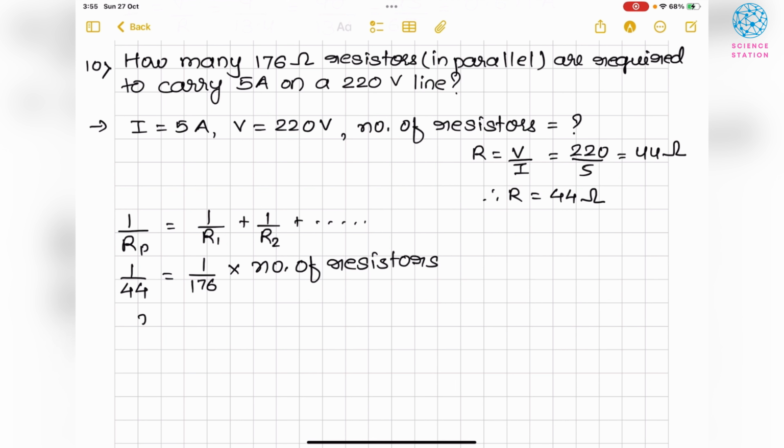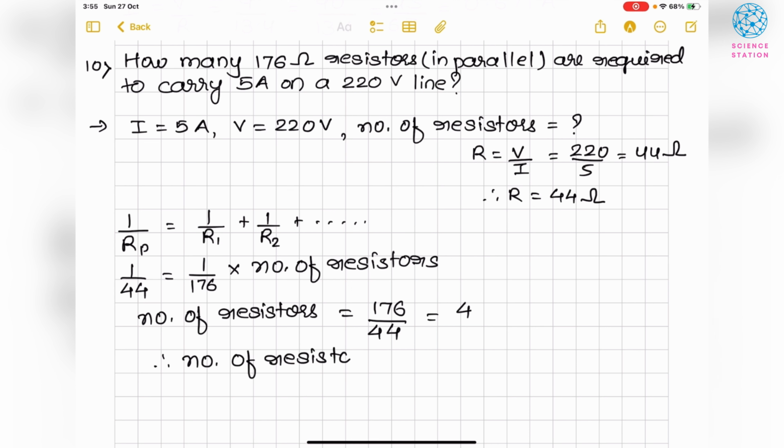So number of resistors will be equal to 176 upon 44. So if I cut them, I am getting directly 4. So therefore number of resistors will be 4.